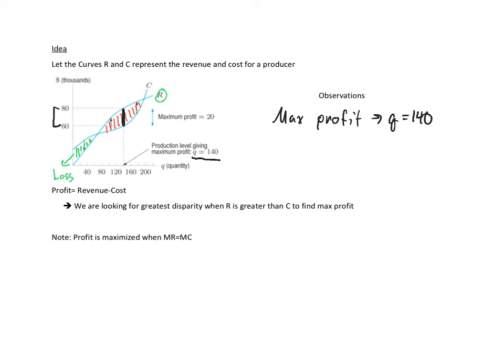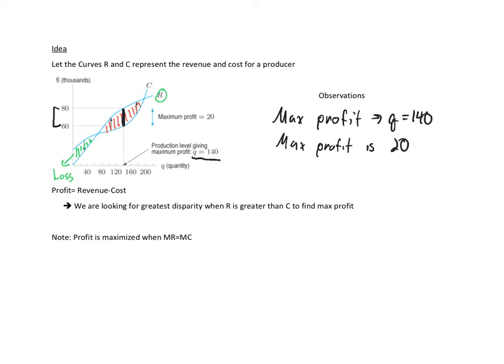That represents our profit. So I would say the max profit is $20, or is 20, whatever units we're in. So it occurs when Q equals 140 and it is 20. So to find the max profit, we're looking for the greatest distance.